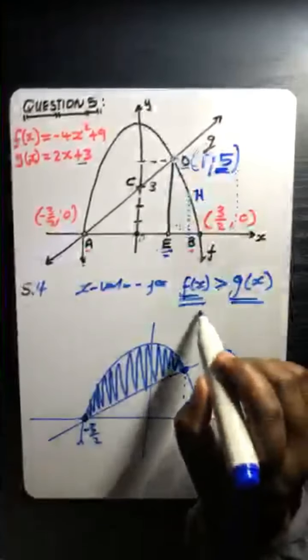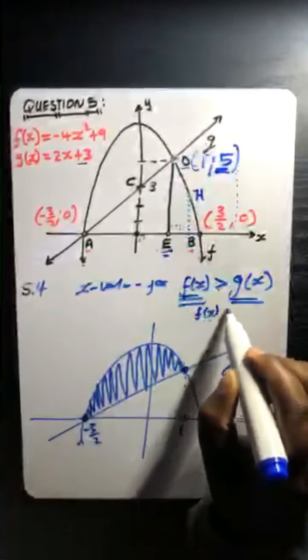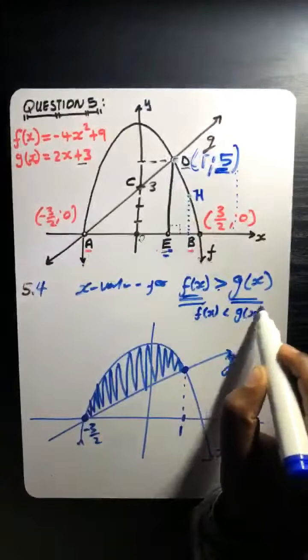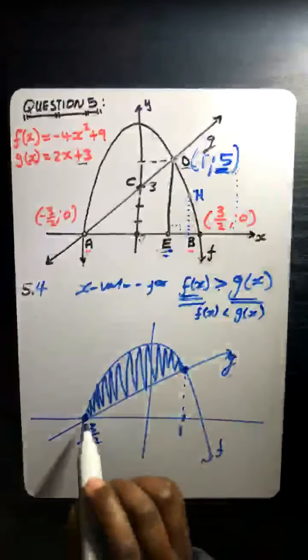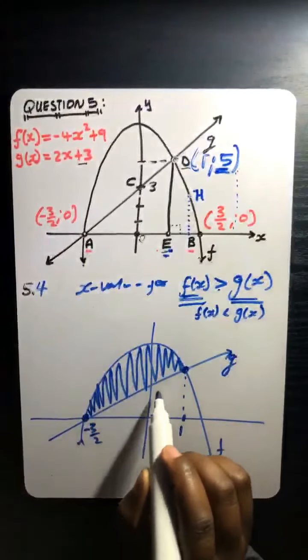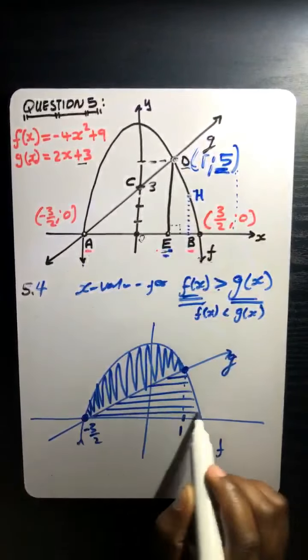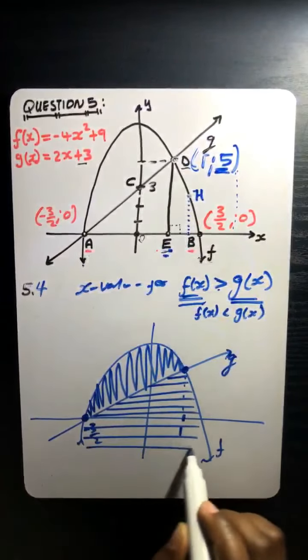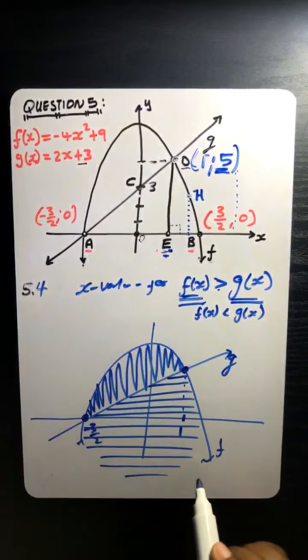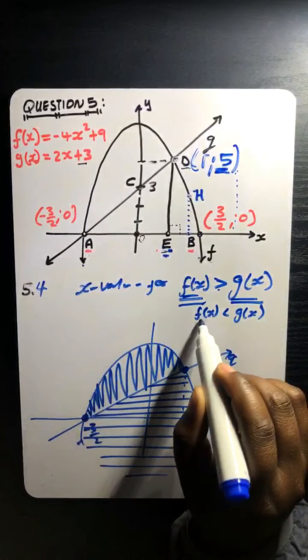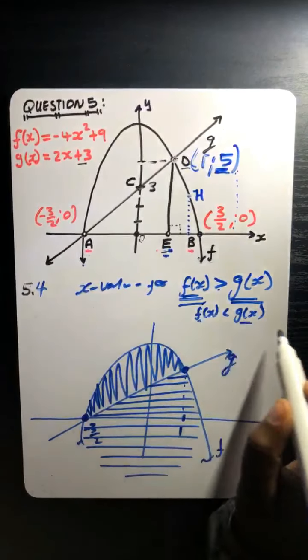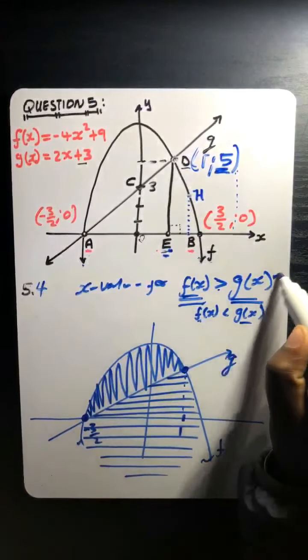So if they said where f of x is less than g of x, it is still at the same x values, but this portion going down up to infinity is where you have the graph of f being below the graph of g. But that is not our question.